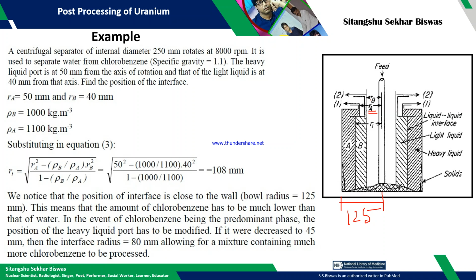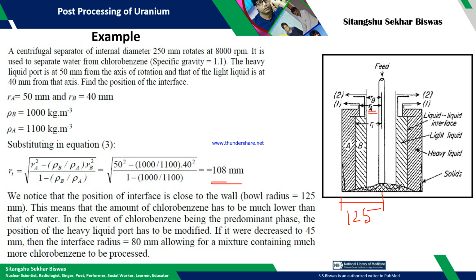Now we have to find the position of the interface, that is, where the two liquids meet once equilibrium is established. If we understood the equation and put in the values, it is 108 mm.